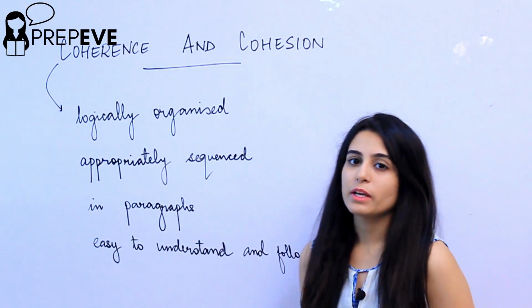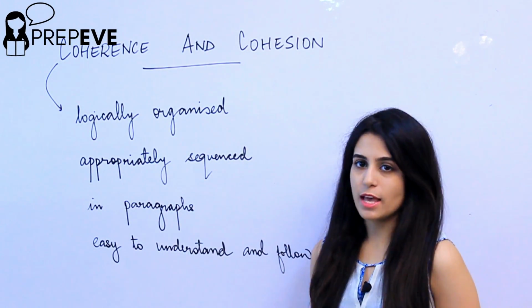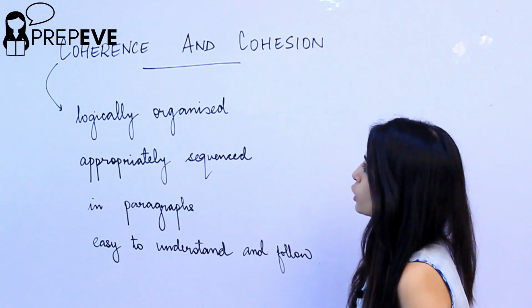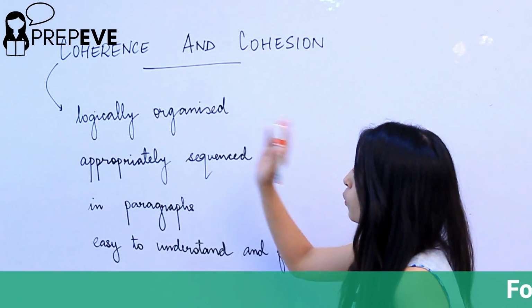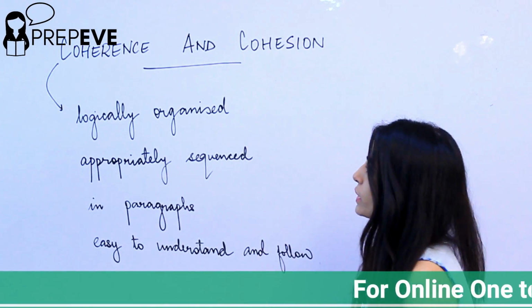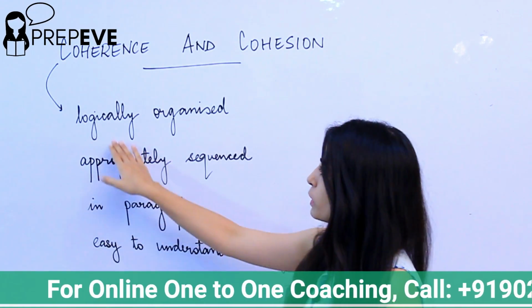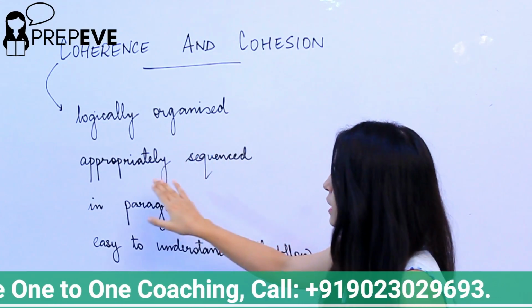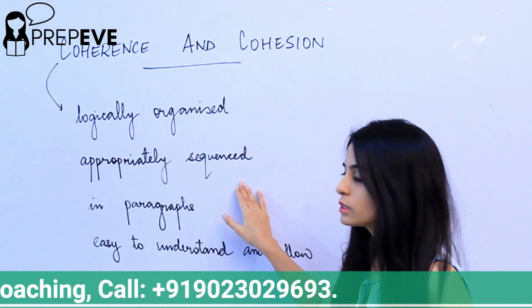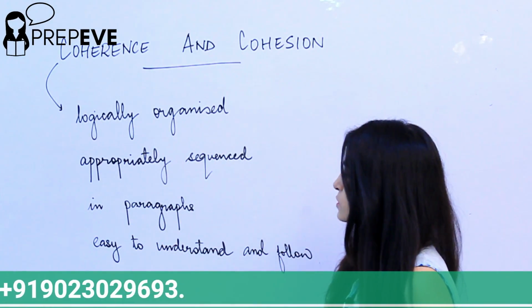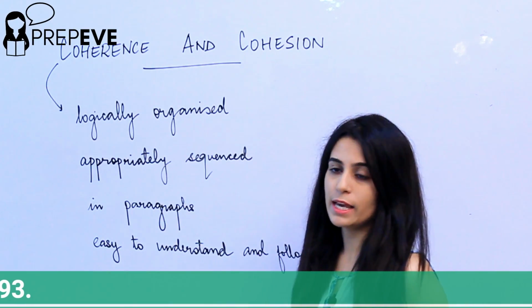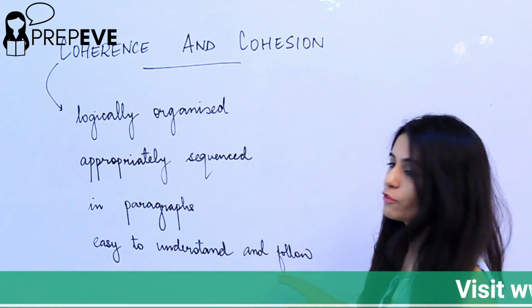The second parameter on which your writings are assessed is coherence and cohesion. What in fact is coherence? Coherence is the flow of your writing. Your ideas should be logically organized, appropriately sequenced in paragraphs, which makes your essay easy to understand and follow.